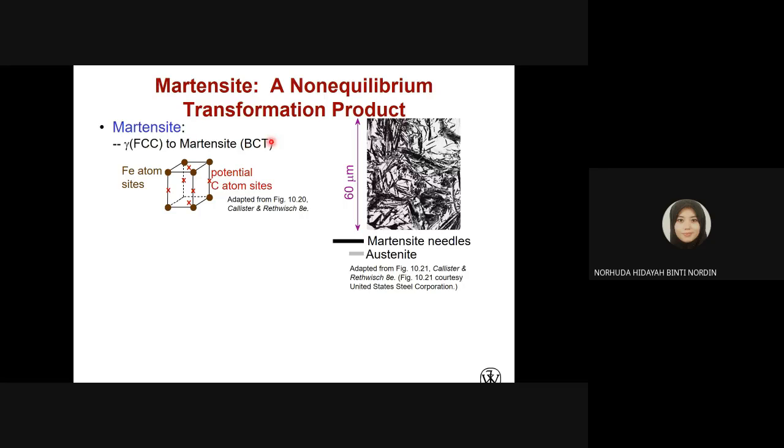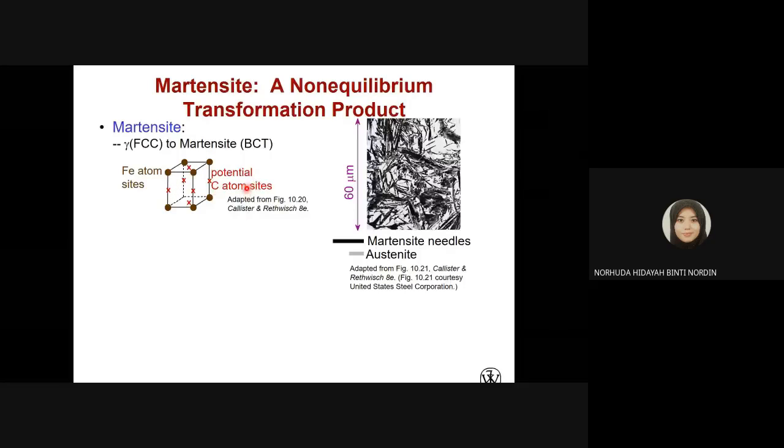Martensite is a BCT structure, which is body-centered tetragonal. This is the crystal structure of the BCT, where iron atoms are at the edges of the cube, and the carbon is in the middle of the cube.